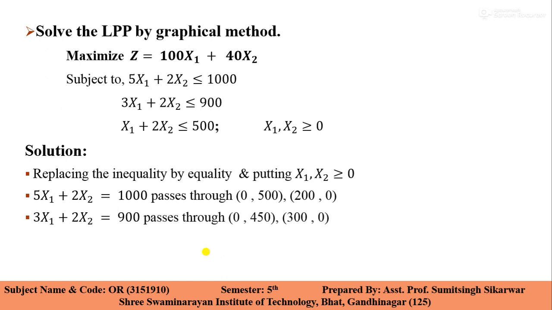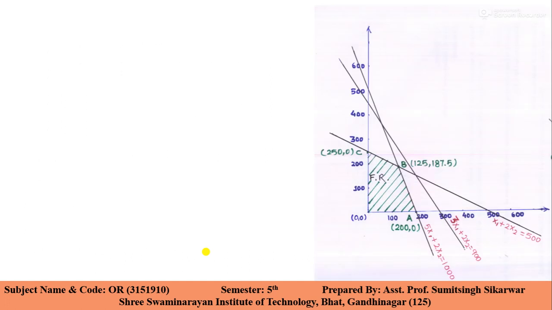Our line 3x1 + 2x2 = 900 passes through (0, 450) and (300, 0), and our third line passes through (0, 250) and (500, 0). Now let us plot it on the graph. So we'll get the region A, B, C, O, right?